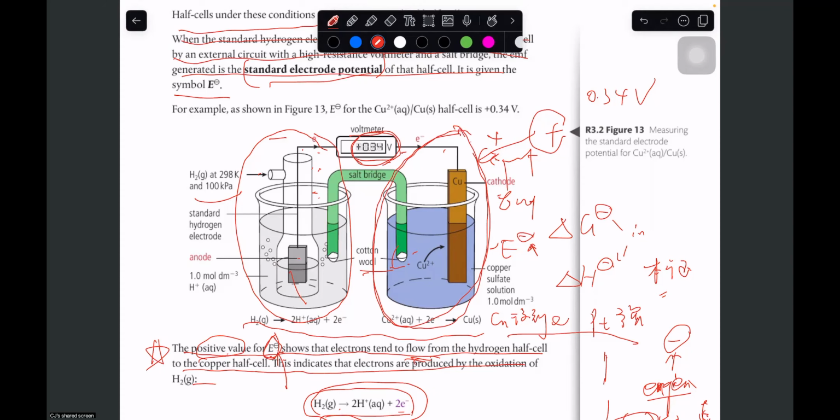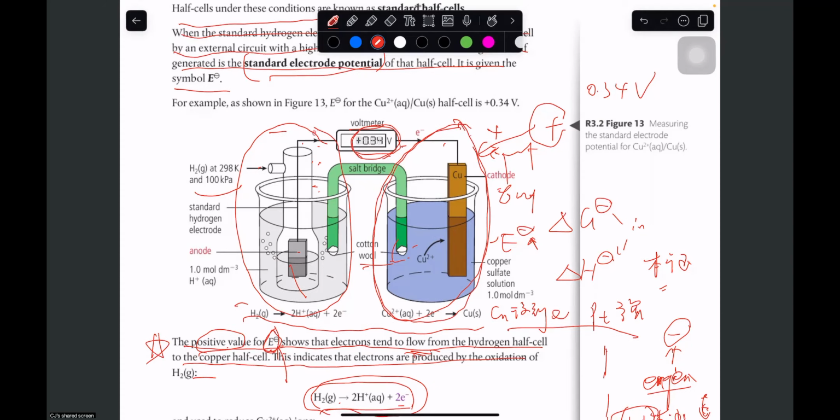So we use this method to test the standard electrode potential. For example, this one is the SHE, and for this one you use the copper solution. We immerse the copper strip into the copper solution, and the concentration is 1 mole per liter.